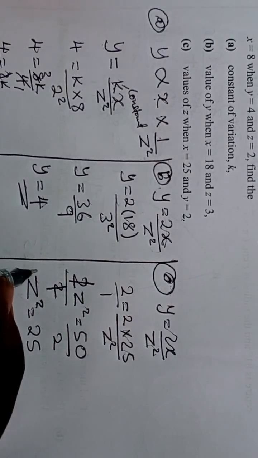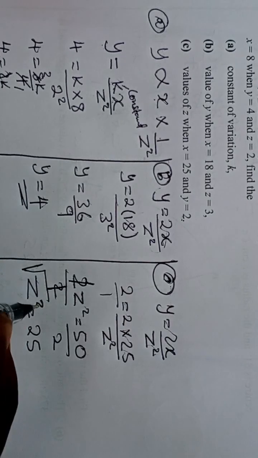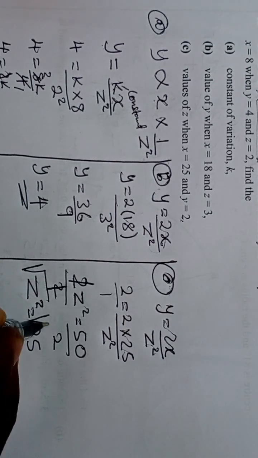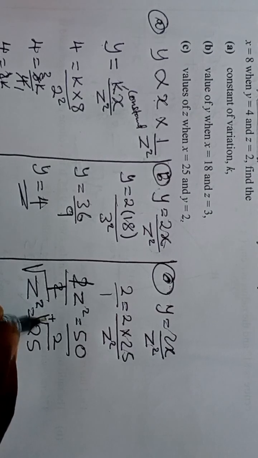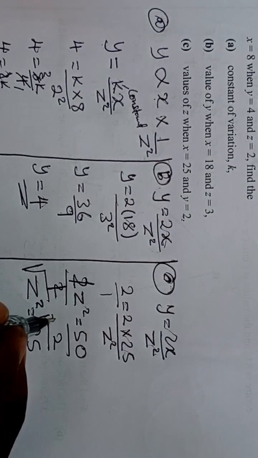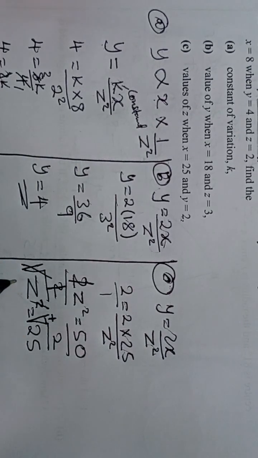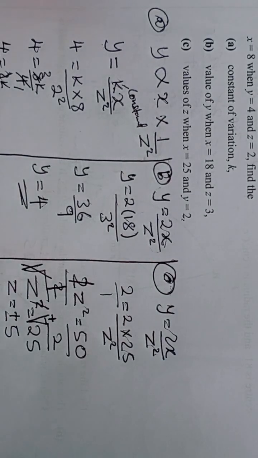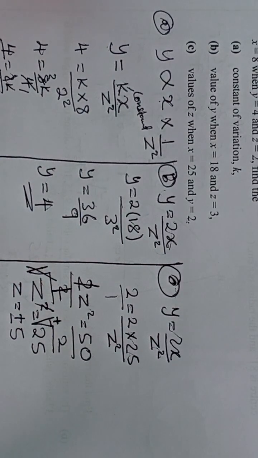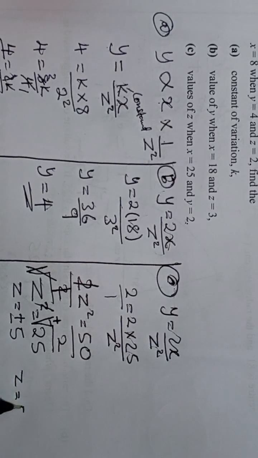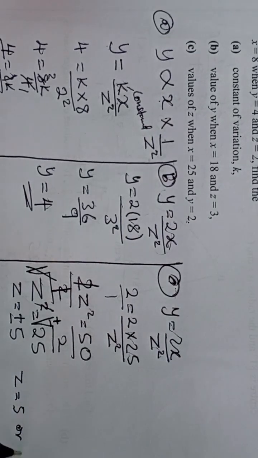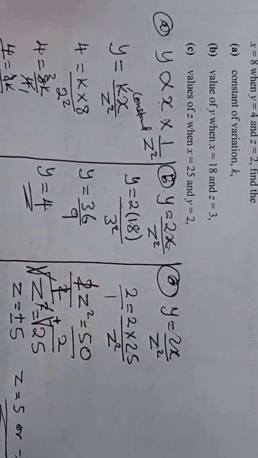So there you introduce the square root to get rid of the squared, but on this side you introduce positive or negative. So square root and squared go. So z is equal to positive or negative the square root of 25, it is 5. So z is equal to positive 5 or negative 5.